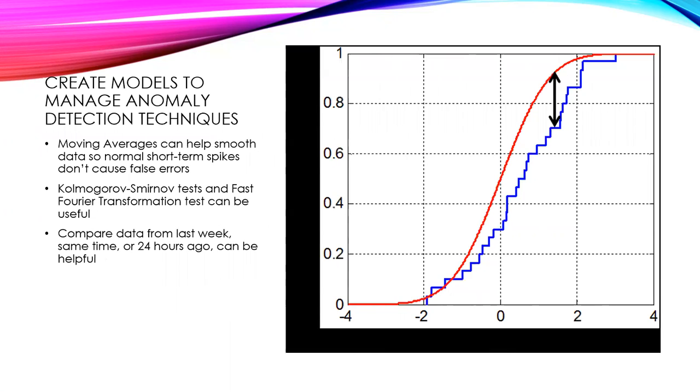Maybe you predict that at this point in the day you should have X hundreds of thousands of users currently logged in, but you've only got 15 logged in. Well, that's a problem because it means that people probably aren't able to log in. Maybe you expect 200,000 logins and you got 1 million logins.